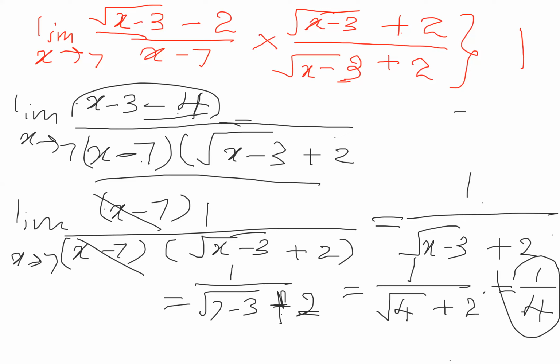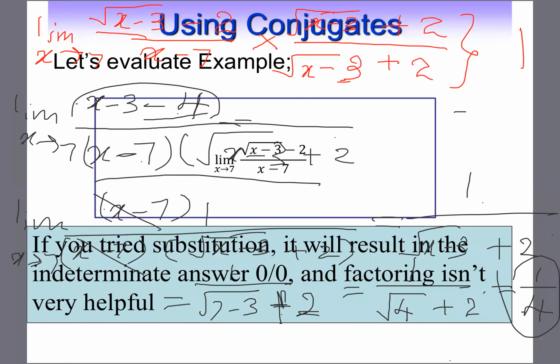But the thing is, we used a method that is not the substituting method and not the factorizing method. That is the conjugate method. So here you can see that if our function is a continuous function, then there should be a value for the function when the independent variable moves to any particular value.